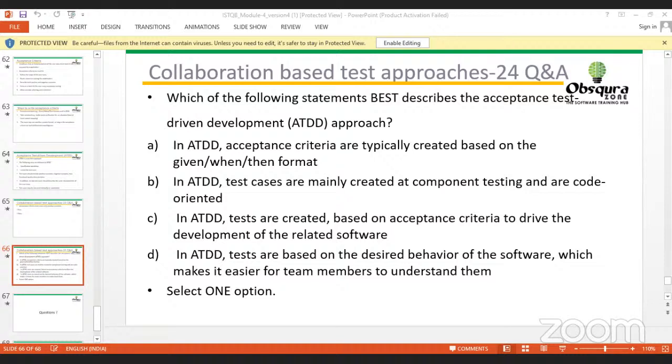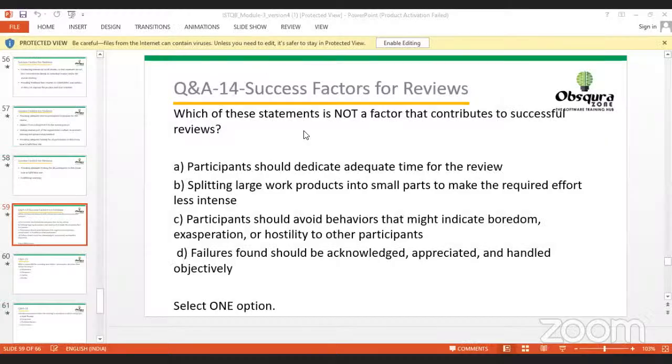Are you able to see that screen? No, it is still on the collaboration-based test approach. Okay, so I will just share that. Actually, I made a mistake and only later I realized it.